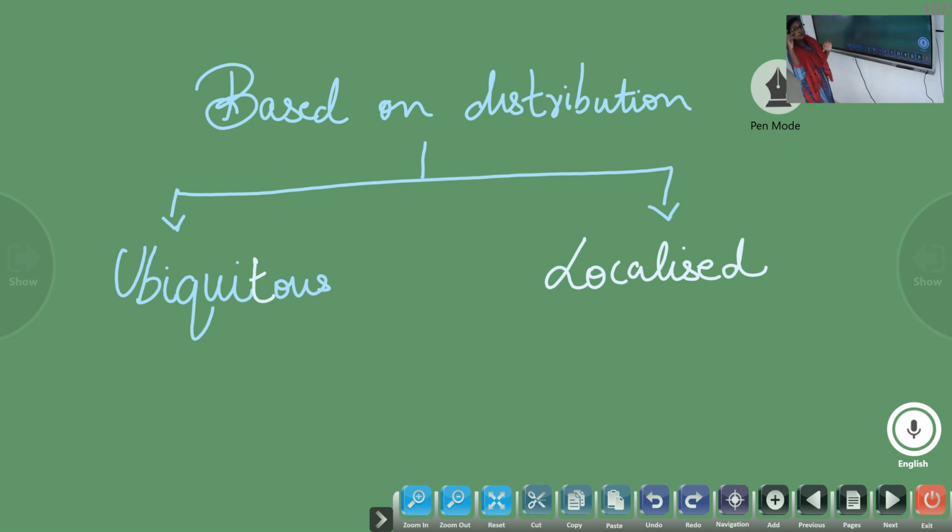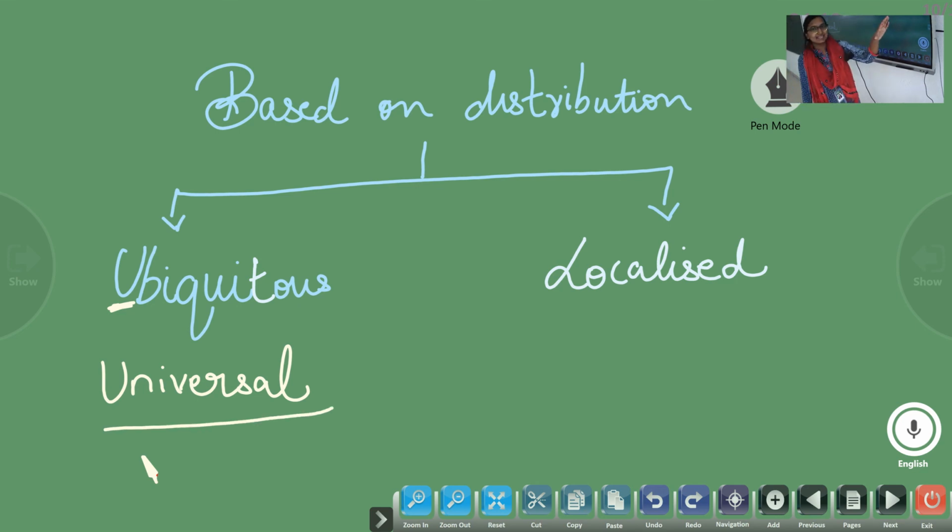So it is universal. So that's why the word U and universal. So ubiquitous is the resource which is available in a universal format.